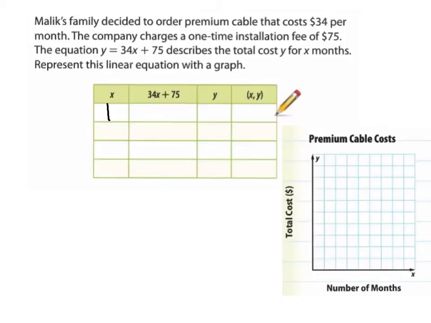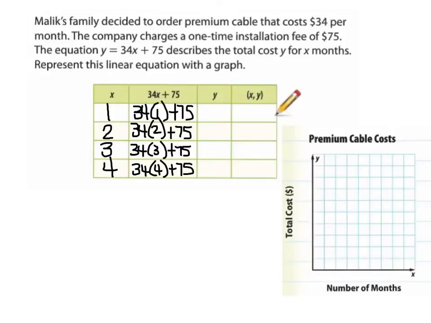So I'm going to go ahead and fill in our x values, 1, 2, 3, and 4. Looking at the table, I have already filled in my values. I've input my x value into my equation. So the first one, I have 34 times 1 plus 75. That's going to give me a y value of 109 and an ordered pair of 1, 109. The second one, 34 times 2 plus 75 gives me a y value of 143.